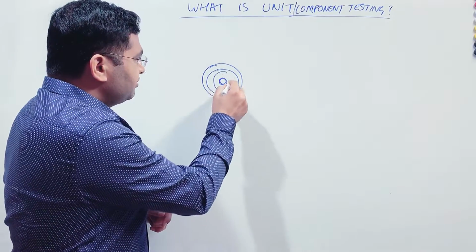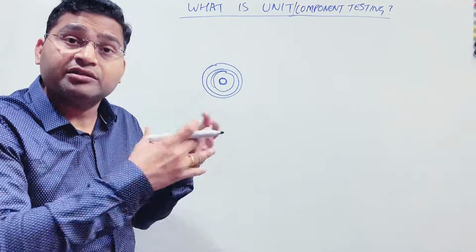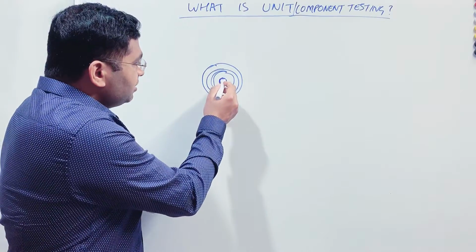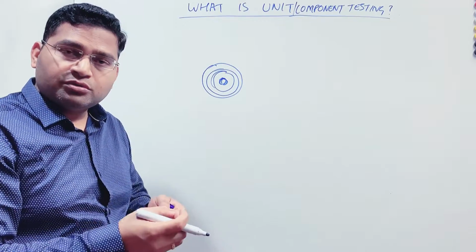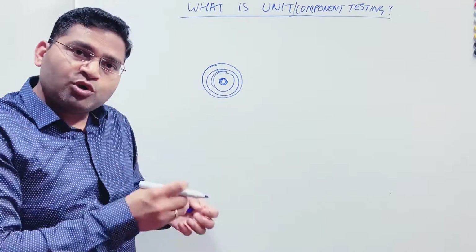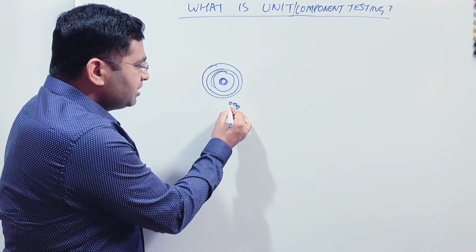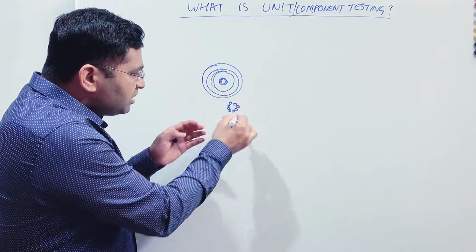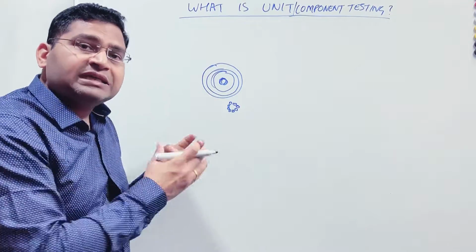It will have the rim, the metal rim, that is another piece, another unit, right? And then within the tire there are ball bearings, which are other units, and within the ball bearings there are smaller rings, right? So the smallest item that can be tested independently within the car is a unit.